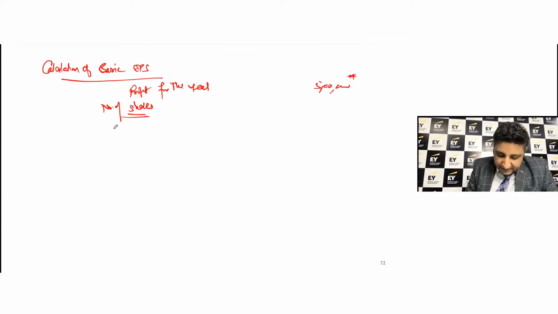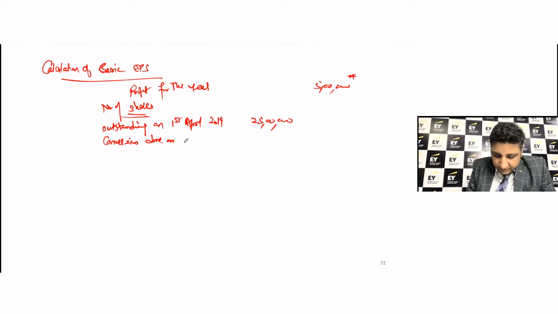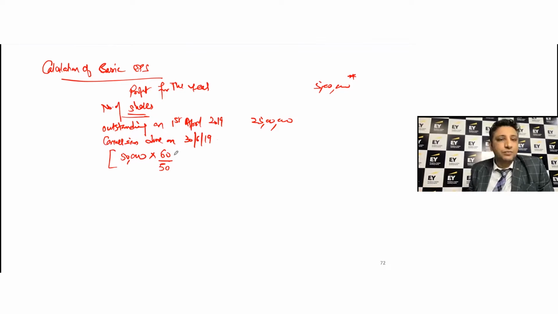So we are saying that outstanding on 1st of April 2019, which is 25 lakhs, that would be available throughout the year. And then we're looking at, of course, conversion done on 30th of June 19. Now, what you need to remember here is there was 50,000 worth of debt. 60 shares were issued for every 50 rupee of debt.